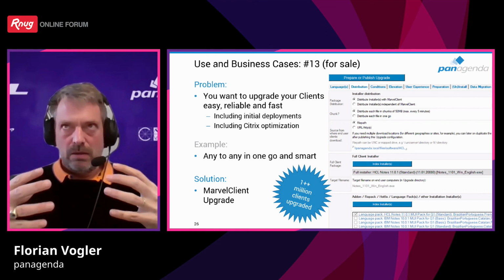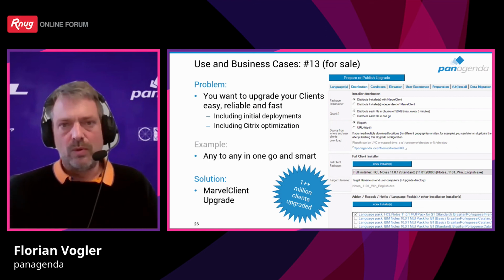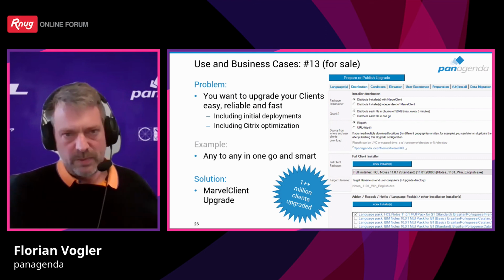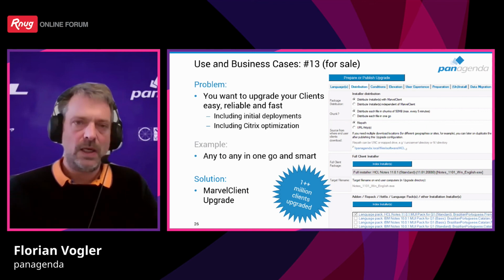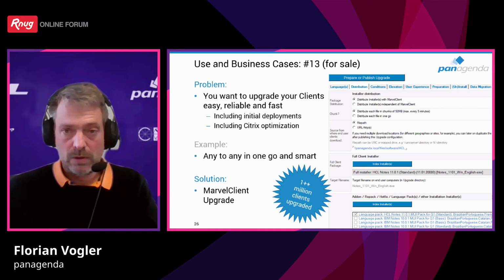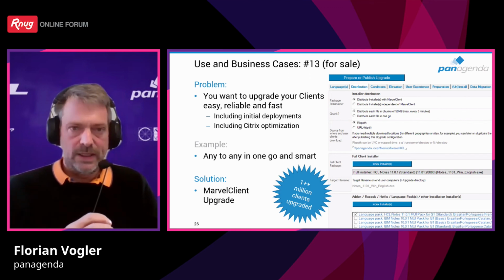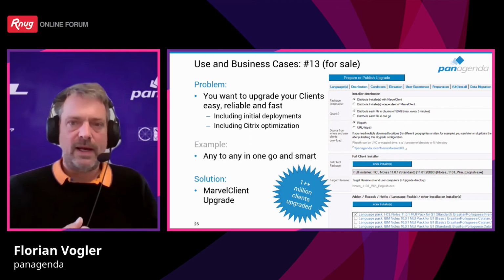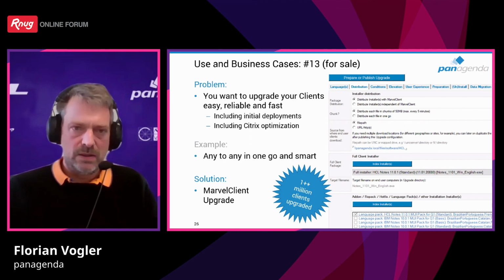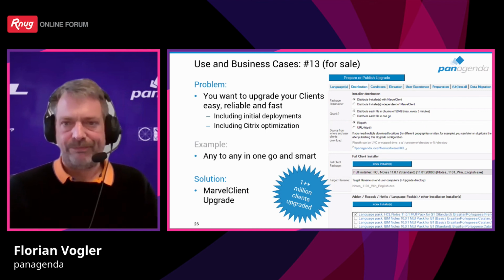And your software deployment people typically know best how to bring out this package. Marvel Client Upgrade knows best how to upgrade your Notes client. So you can simply create a shrink wrap package that you either have Marvel Client bring out, which could also be Marvel Client Essentials, or you give it to your software deployment colleagues and have them bring it out in the easiest way, shape, and form.